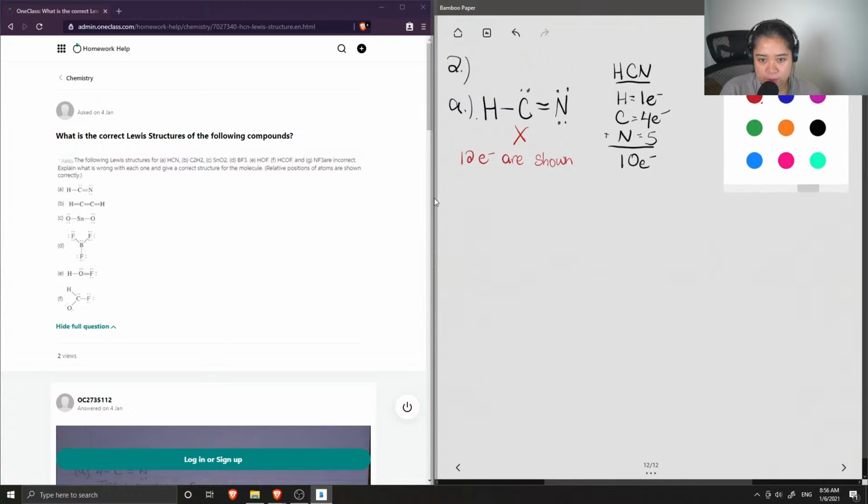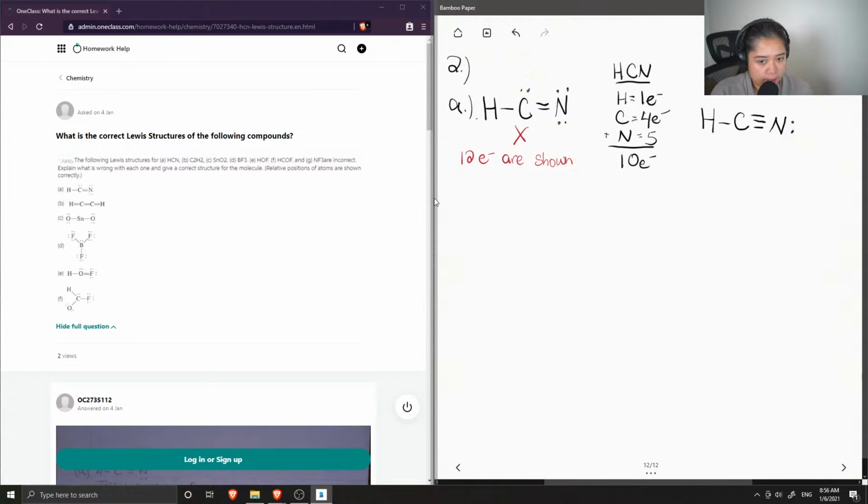So if we were to draw the correct version, this lone pair of carbon, I'll turn it into a bond. And the nitrogen should only have 1 lone pair.